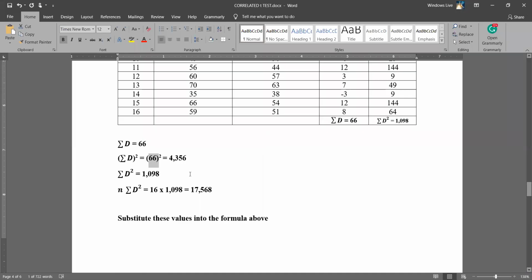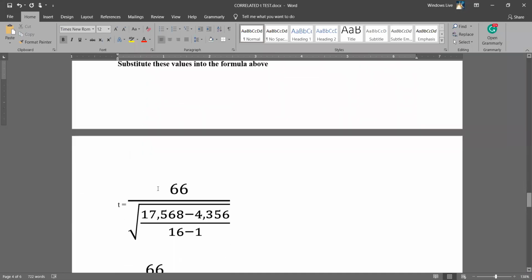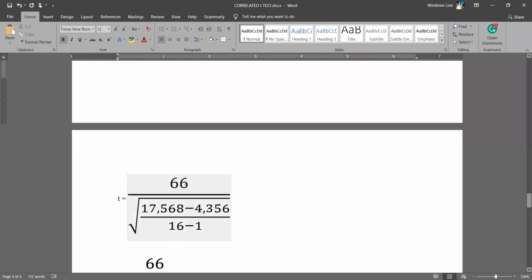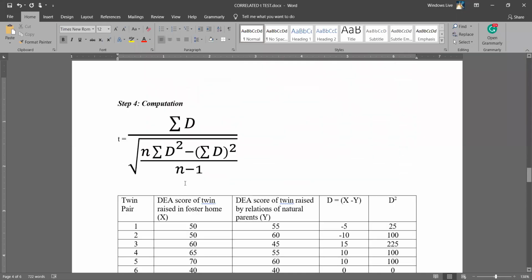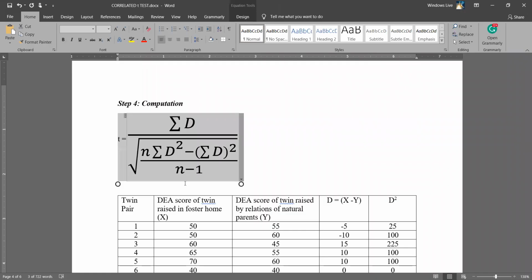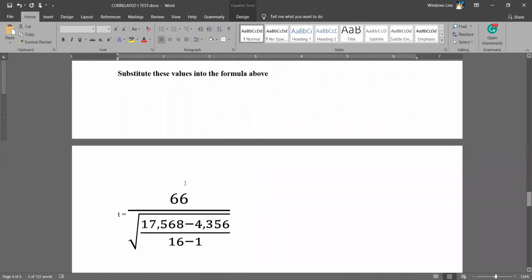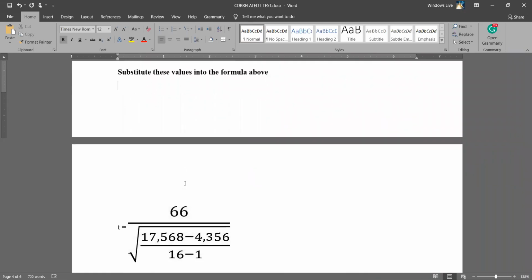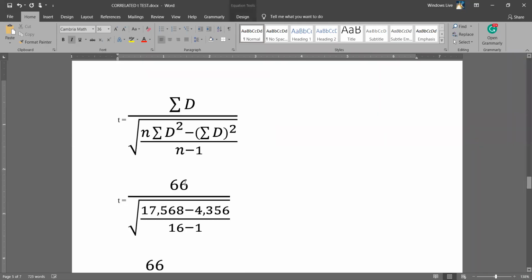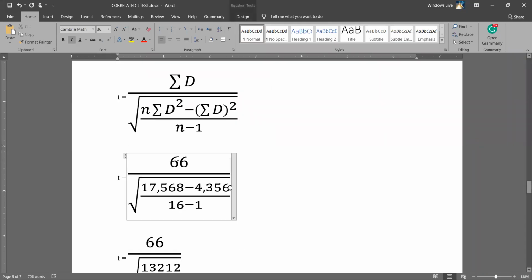So when you are able to solve for these values, then the last thing you're supposed to do is to substitute them. So we had sigma D, that's sigma D here. So within the formula, we had sigma D to be what? To be 66, which is here. Then n sigma D squared, we had it to be 17,568.